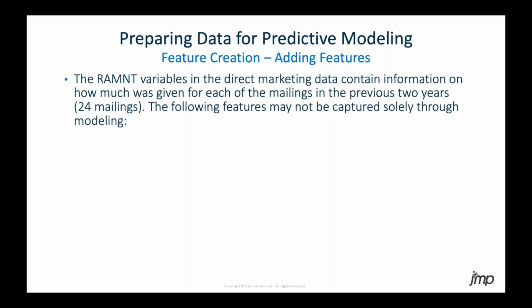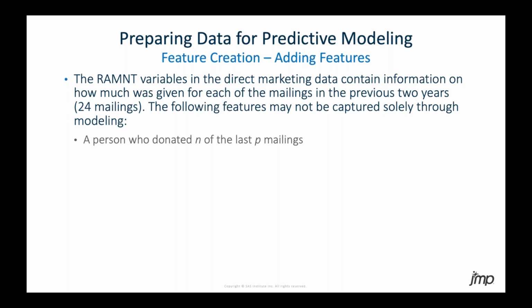So if I were just to approach this using one of the tree-based methods or a linear modeling technique, there are certain structures that wouldn't necessarily be captured. For example, a person who donates a certain number of the last mailings.